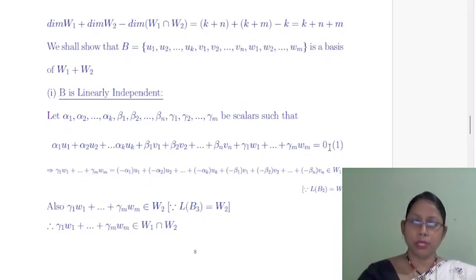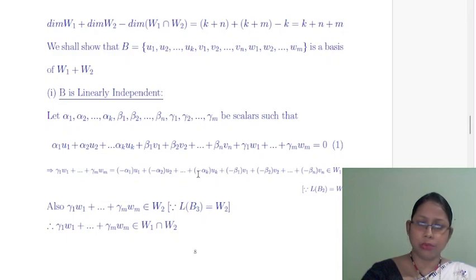We call this equation 1, then rearrange the terms in the next step: gamma 1 w1 plus dot dot dot gamma m wm is equal to minus alpha 1 u1 minus alpha 2 u2 minus dot dot dot minus alpha k uk minus beta 1 p1 minus beta 2 p2 minus dot dot dot minus beta n pn, which belongs to W1, as these u1, u2, dot dot dot uk, p1, p2, dot dot dot pn are represented by the set B2, and the linear span of B2 is equal to W1.